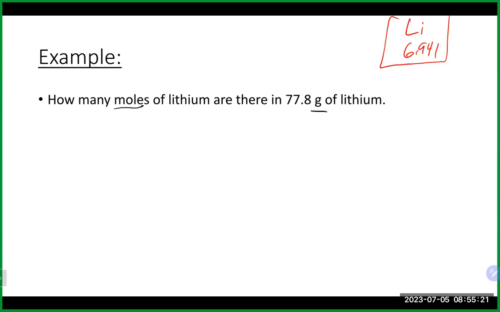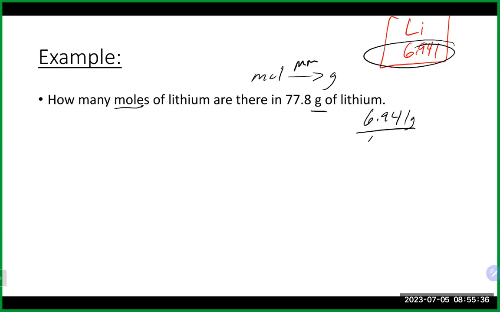We have grams, so do not need Avogadro's number. Once again, it is our molar mass that we're going to use to go from moles to grams. And the periodic table gives us two options as conversion factor, 6.941 grams per mole is the molar mass of lithium. Or once again, we could use it conversion factor wise in the opposite direction.